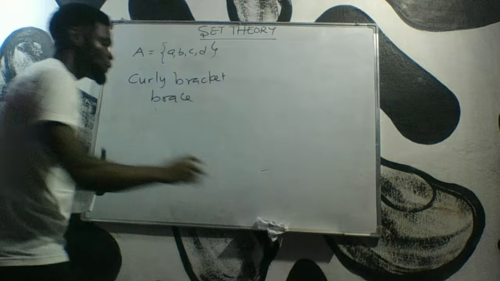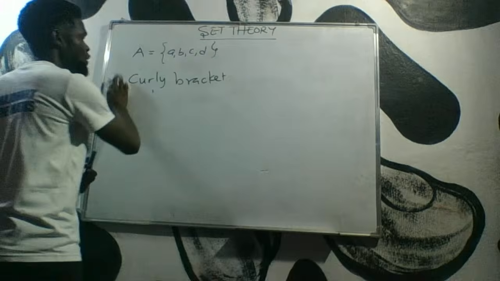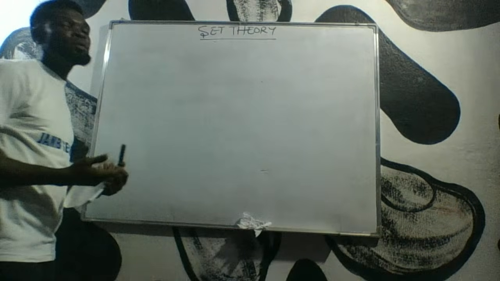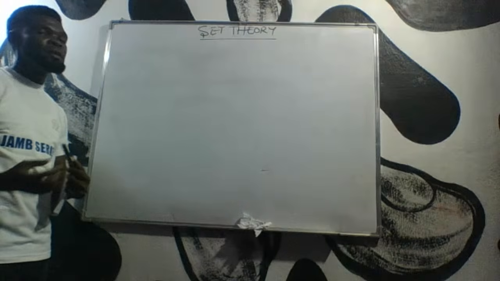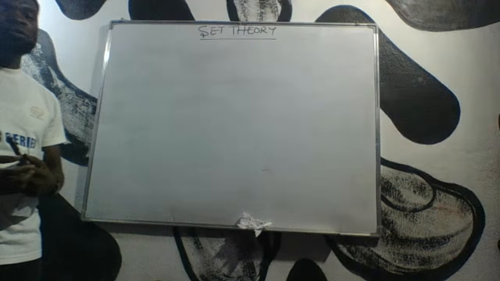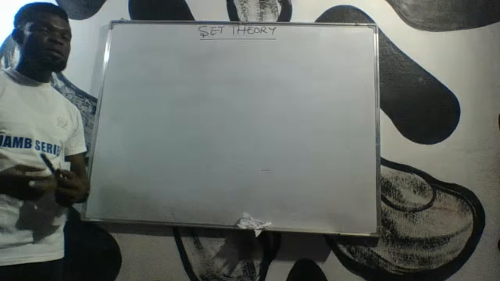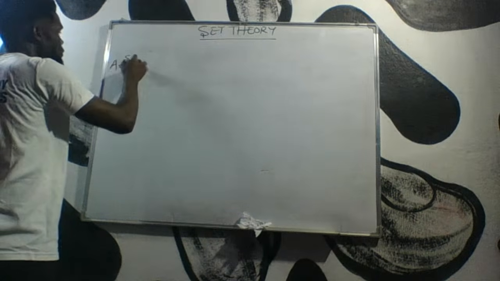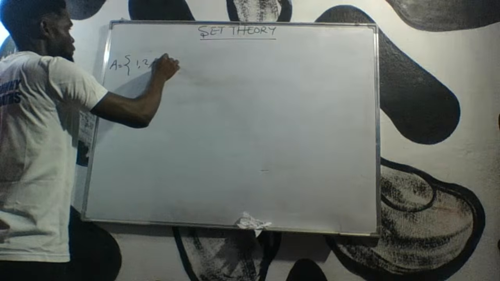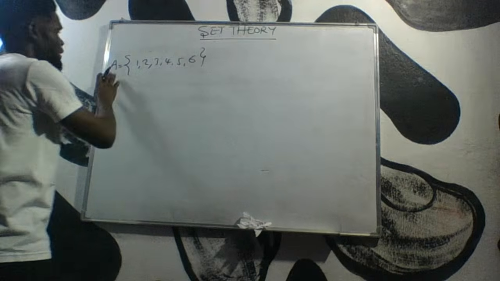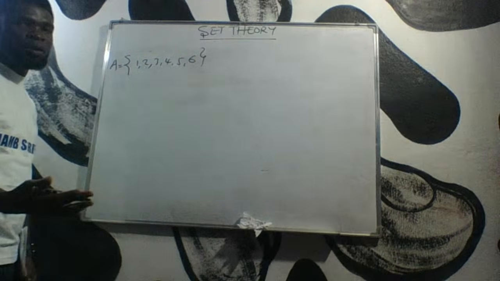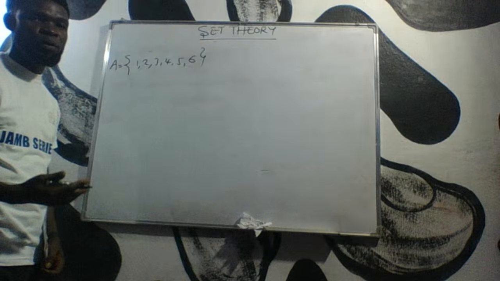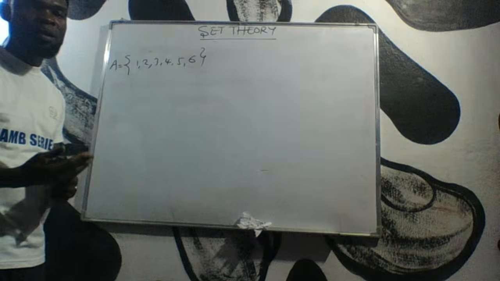All right. Now, sets are represented in two different forms. That is talking about forms in which sets can be represented. It can be in listed form. Sets can also be represented in set builder's form. For instance, if I have a set A equal to {1, 2, 3, 4, 5, 6}, the elements of this set are listed out for us to see. So at this point, we say that this set is in listed form or roster form or tabular form.